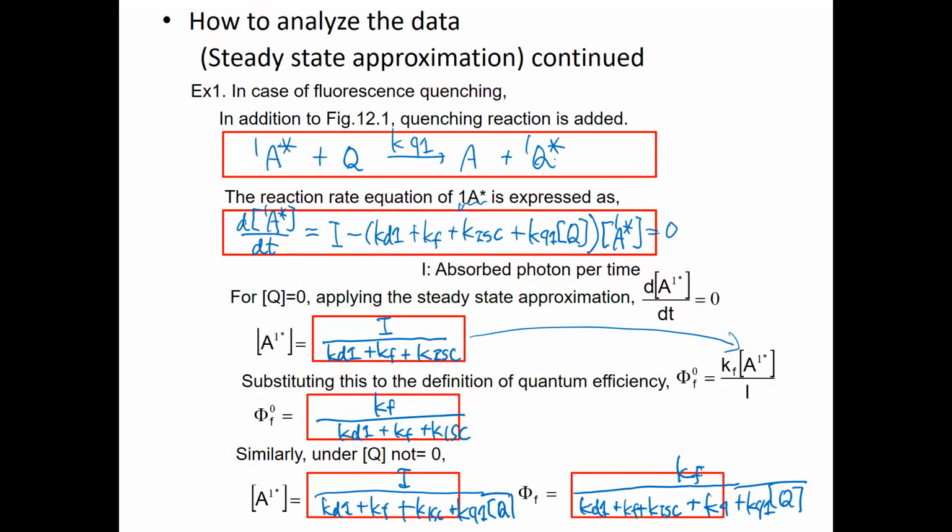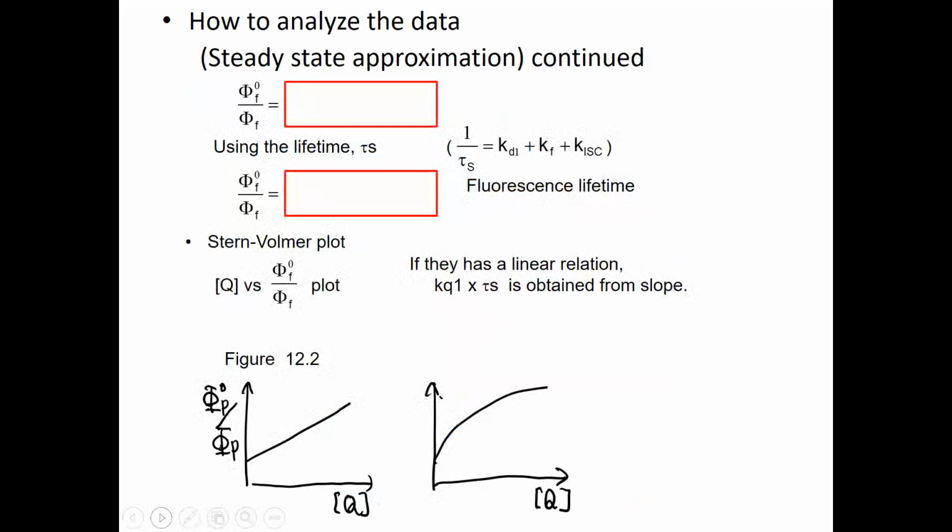It seems a little bit complicated, but by using this equation, this and this could be measurable. Without Q, without quencher, you can obtain the quantum efficiency, and also by addition of the quencher, you measure the quantum efficiency. And then you take the division of phi f0 and phi f, and this could be much simplified.